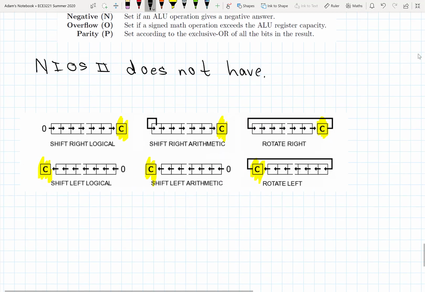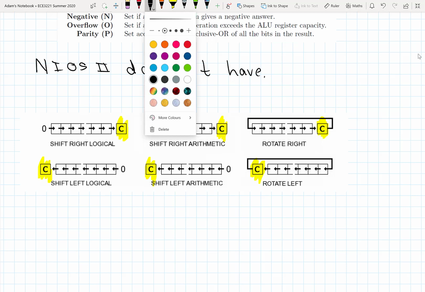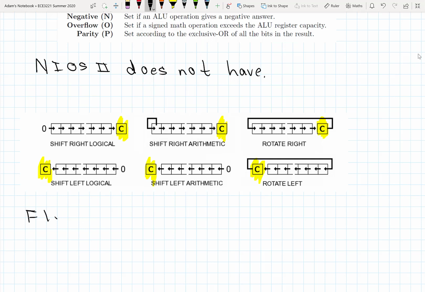I don't want to spend the time talking about section 5.4 of the course notes. I think it's really important for you to read that section. There's some valuable topics in there that I won't formally cover, like talking about processors that have floating point units that are able to do more complex math operations with higher precision.